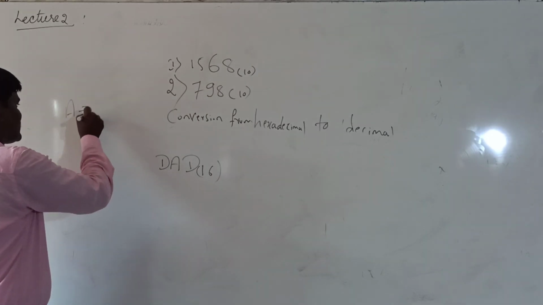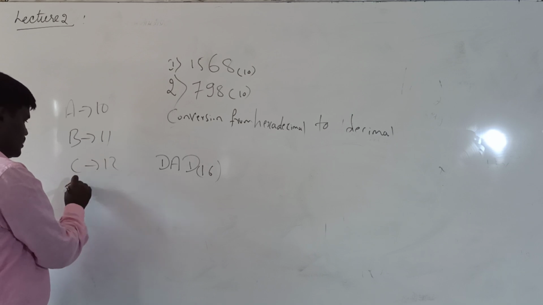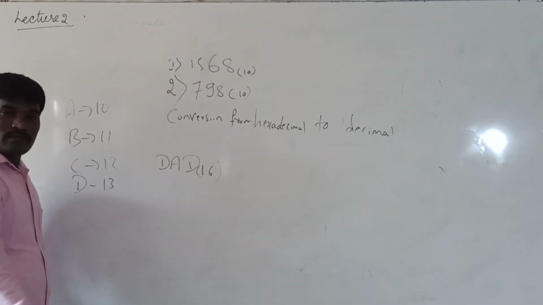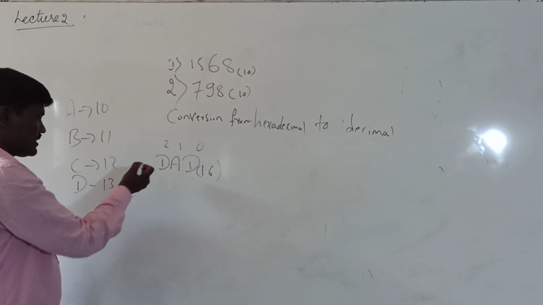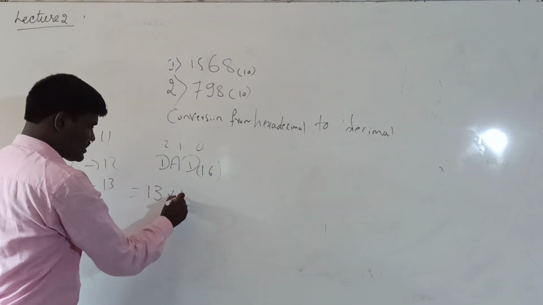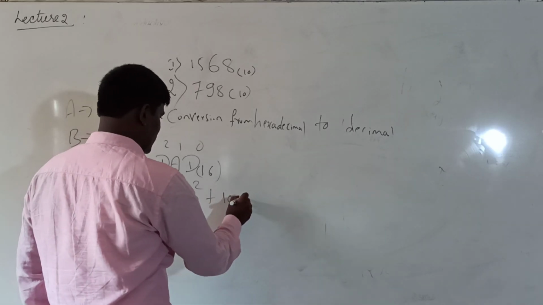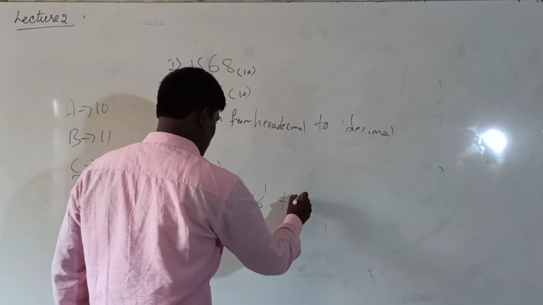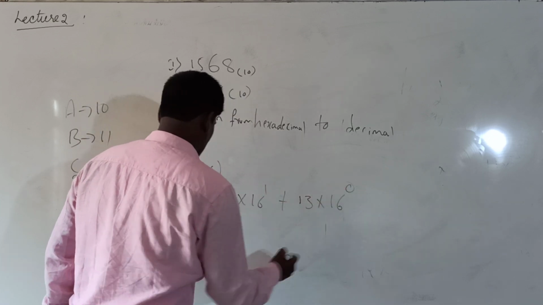Already told, A indicates 10, B indicates 11, C indicates 12, D indicates 13. First we write the powers 0, 1, 2. D is 13 into 16 raised to 2 plus A is 10 into 16 raised to 1 plus D is 13 into 16 raised to 0.